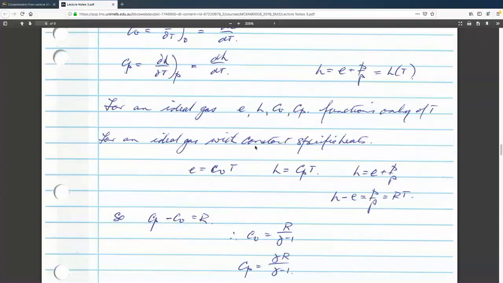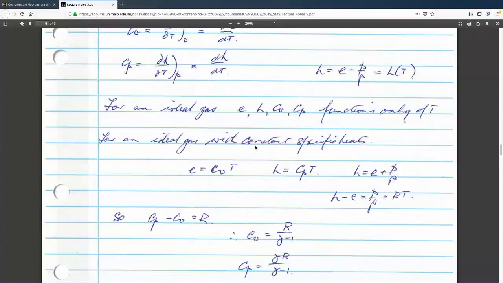The T's will cancel. And so I deduce the remarkable result that we're going to use quite frequently, that Cp minus Cv is R, but Cp is gamma times Cv. So I have a gamma minus 1 here times Cv.